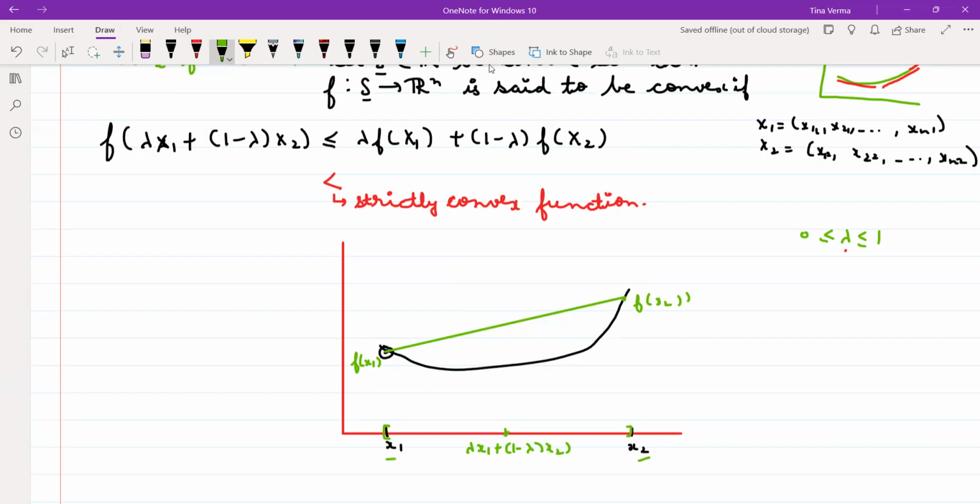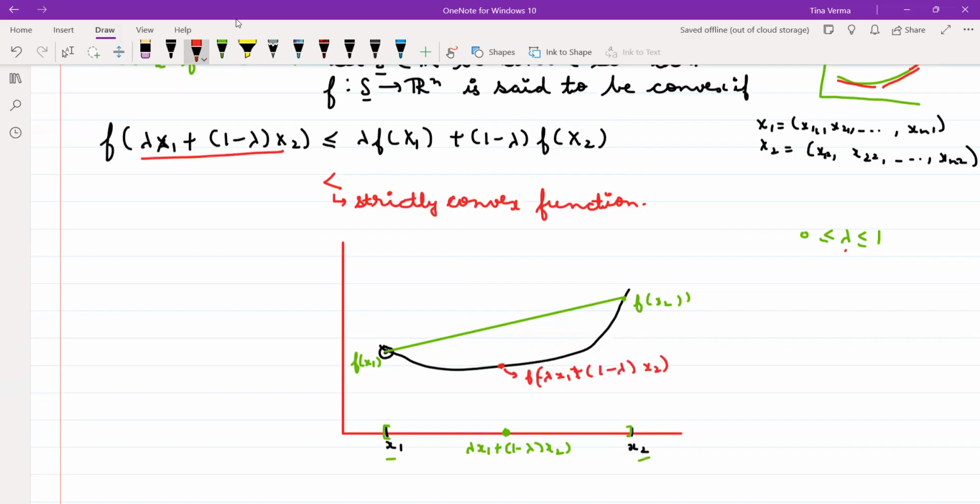So this is my point lambda x1 plus (1 minus lambda) x2. And if I apply the function on this value, this is the value f of (lambda x1 plus (1 minus lambda) x2).